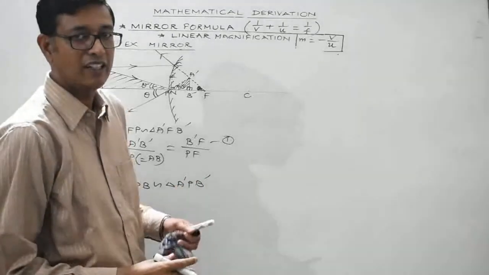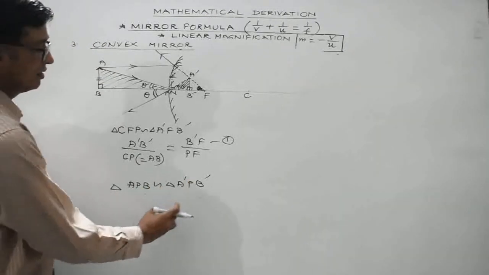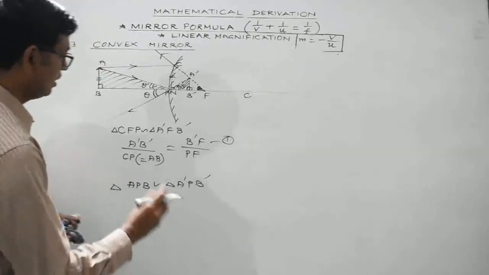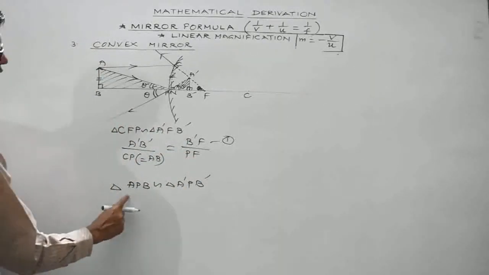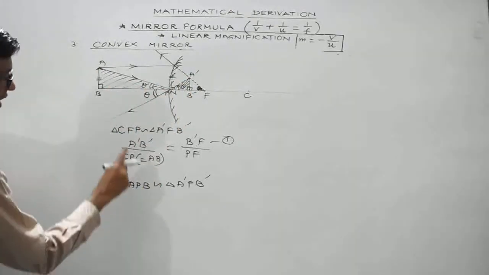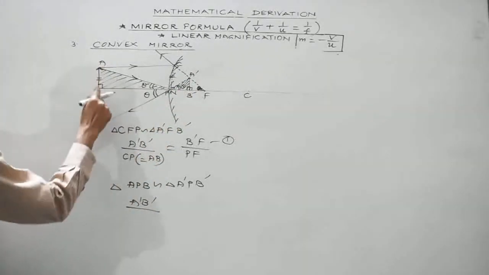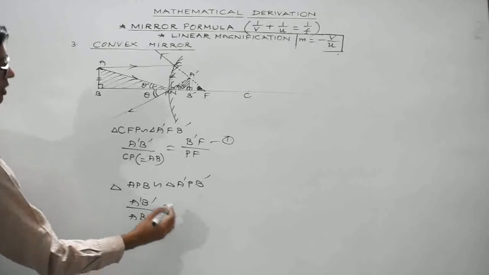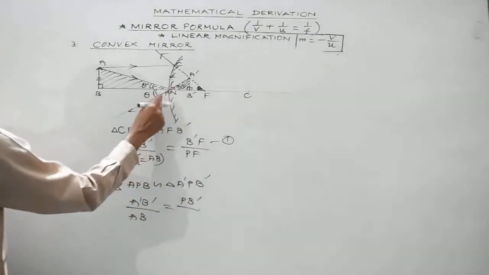Therefore, the corresponding sides must be proportional, and while writing the corresponding sides, ensure that the left hand side should be the same in both the equations, right? So these two triangles are similar, the shaded ones. Therefore, A'B', corresponding side is AB. It is equal to, consider the base, PB' divided by PB.